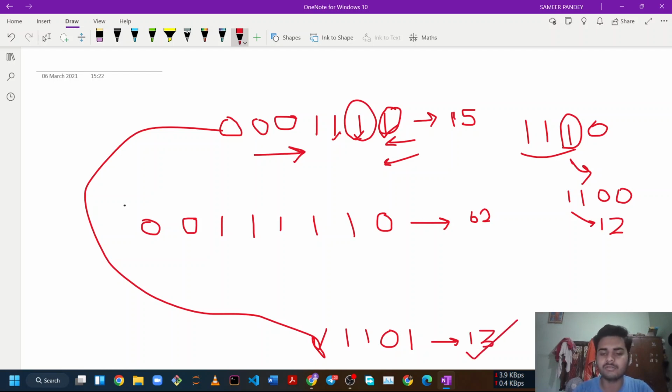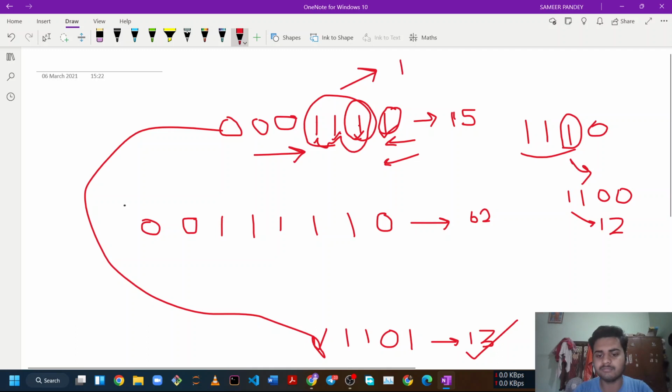So we are going to traverse from the left side, and whenever we see three consecutive set bits, I remove the rightmost one, so that it gives the maximum value. If I remove the first one, it gives the minimum value, and again I have to remove something. What happens if I remove the third one?